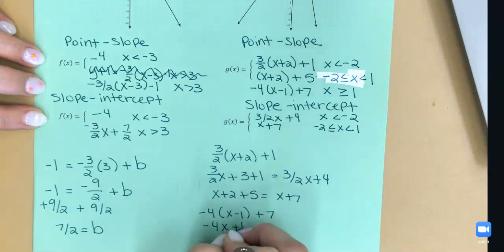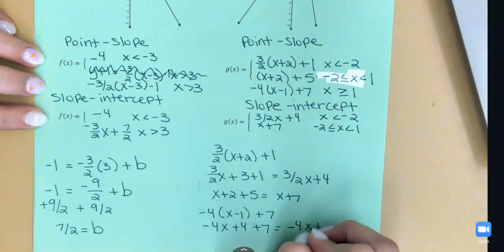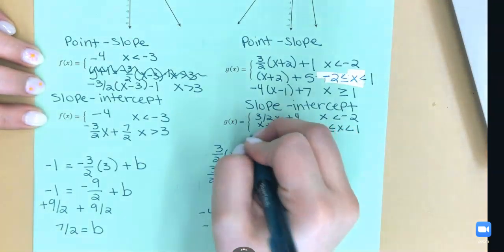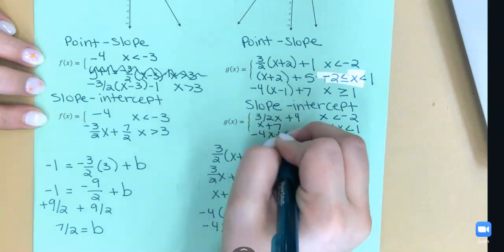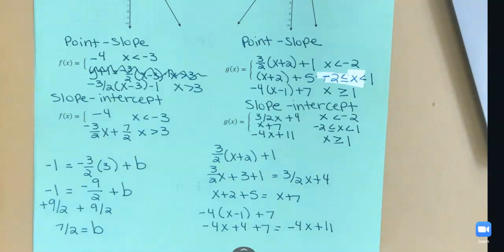Negative 4x plus 4 plus 7 gives me a final answer of negative 4x plus 11. But my domain stays the same. And again, that concludes now day 2 of our piecewise functions when we are writing the equations from the graph.